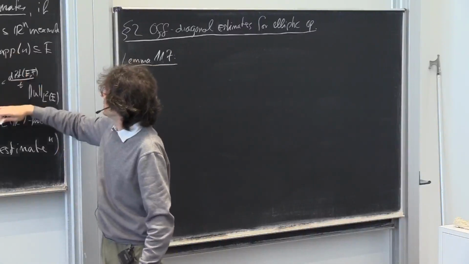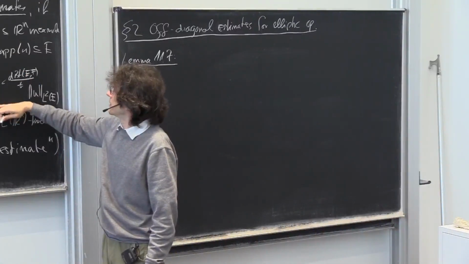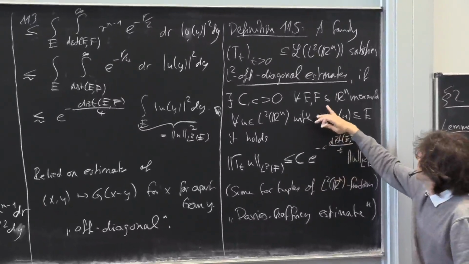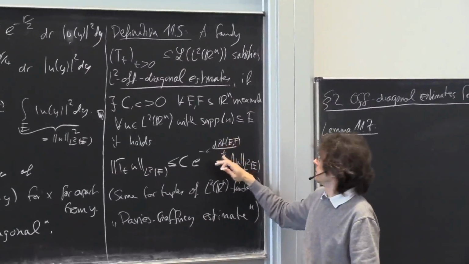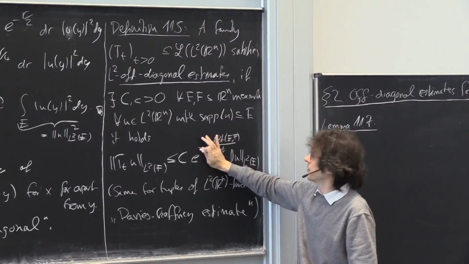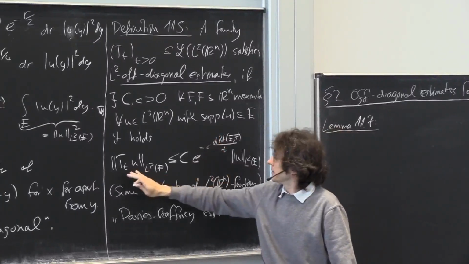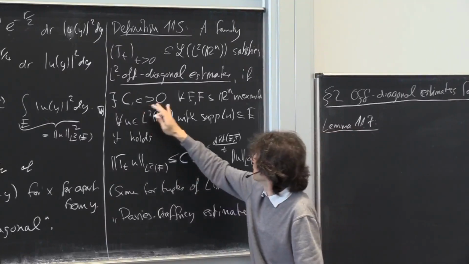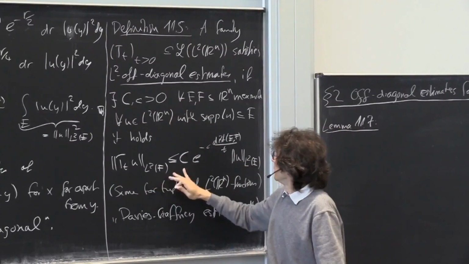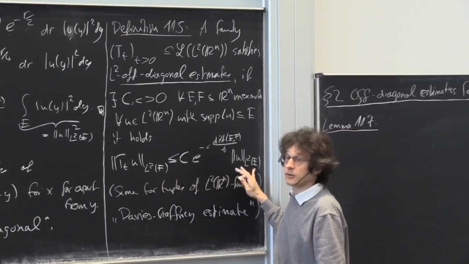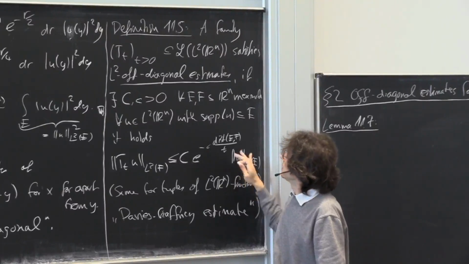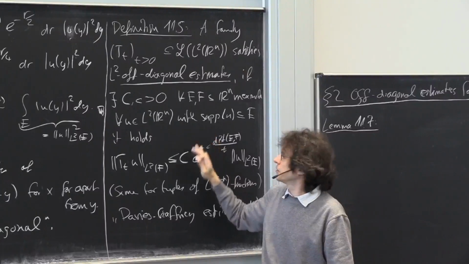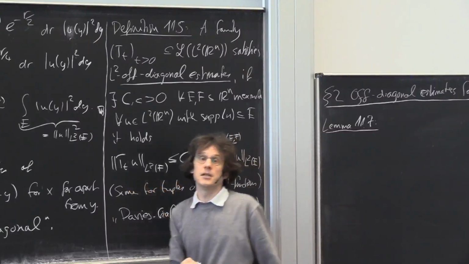In this case, this translates to uniform estimates in t. If E and F both are R^n, this distance is 0 here. So the exponential factor is not there. And what you get is that T_t u in the norm in L2 is bounded by some universal constant that does not depend on E and F, times the norm of u in L2(R^n). So this means a necessary condition for off-diagonal estimates to hold is that you have to have uniform estimates in t.